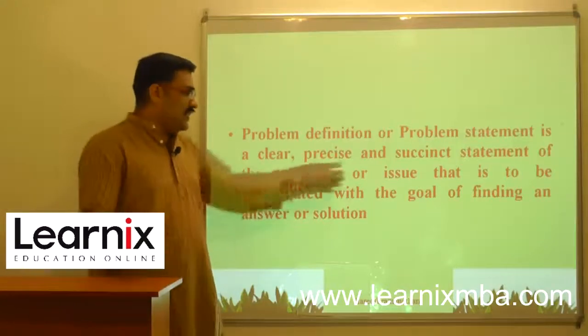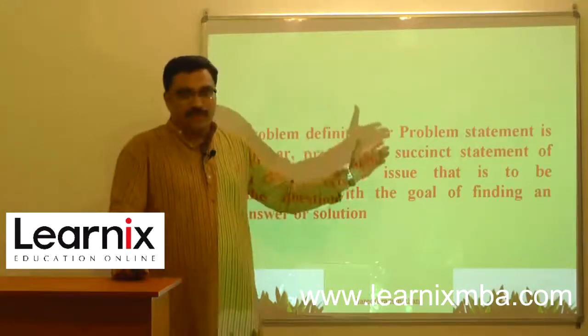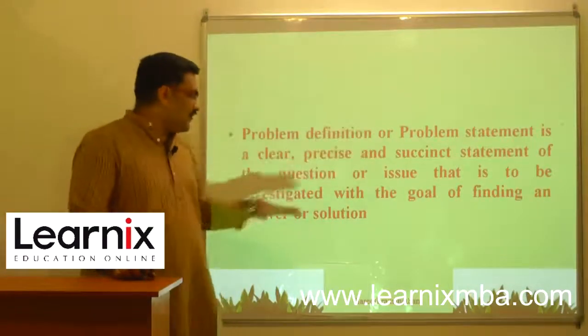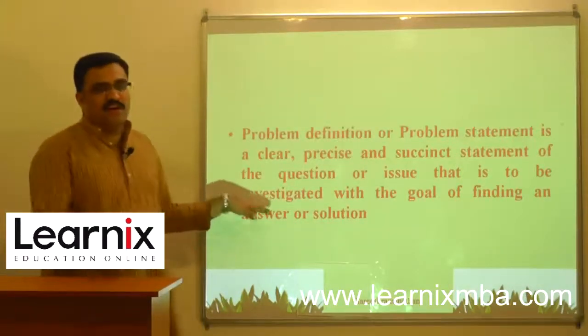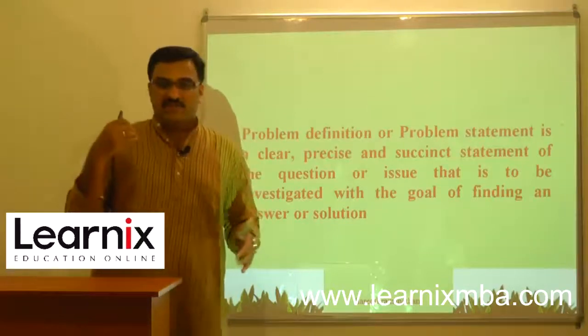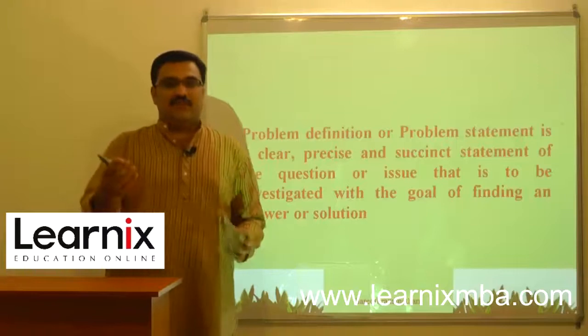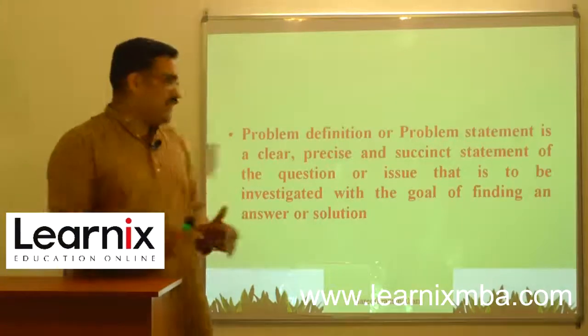So two things are there. All of these should be clear with respect to the questions or issues to be investigated. We are going for an investigation process, because research as such is an investigation to find the solution or answers.